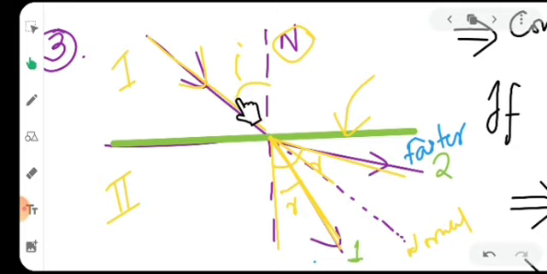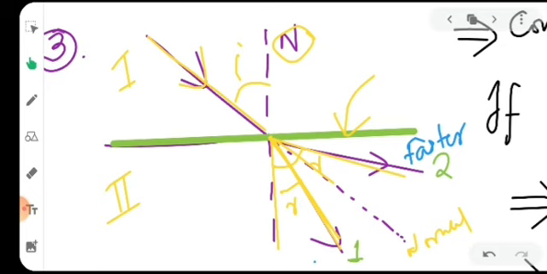If this angle has to be maintained, then the ray has to go straight, continuing along the same straight line. But that is not happening. So this angle changes, and the angle of refraction will not be equal to the angle of incidence. It will be less here and larger here.